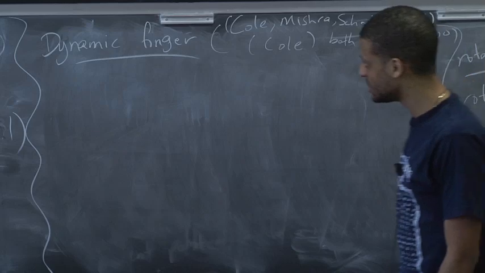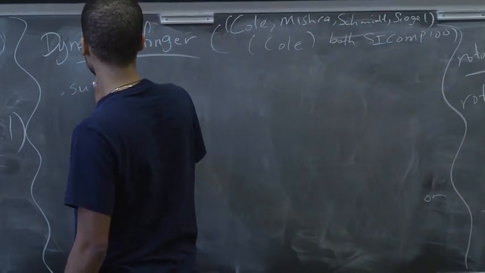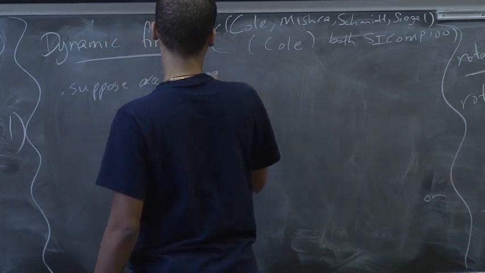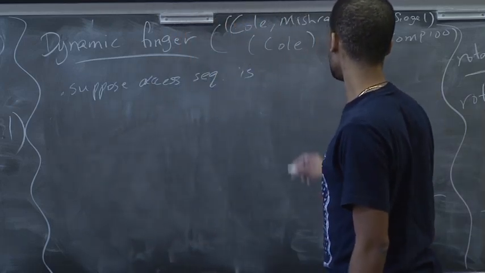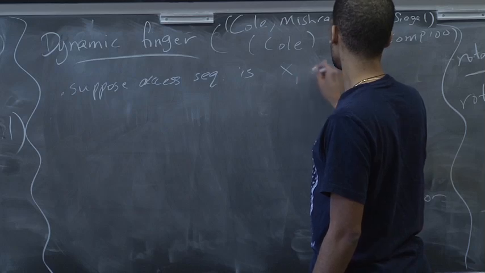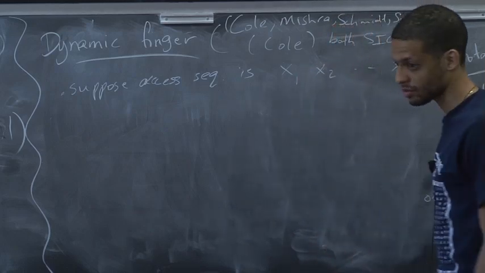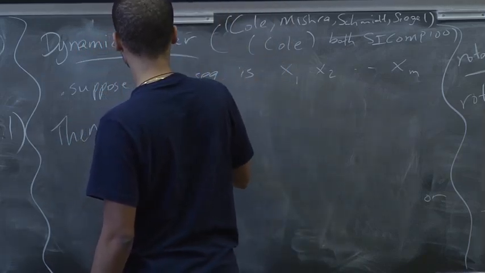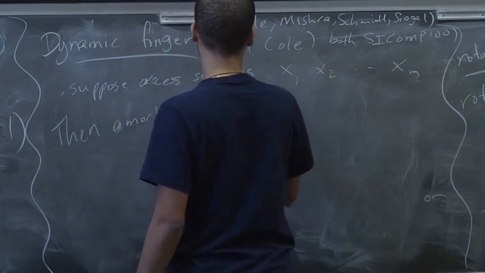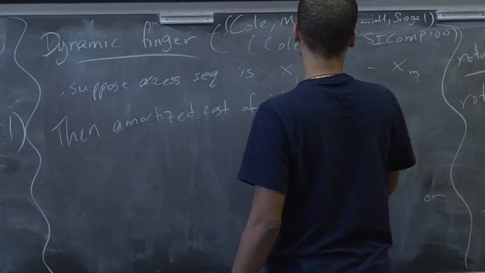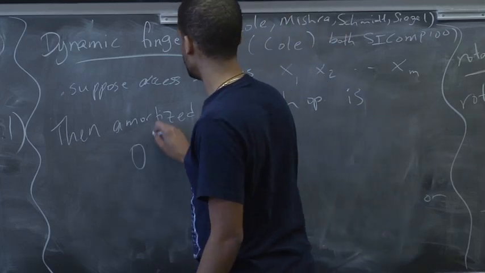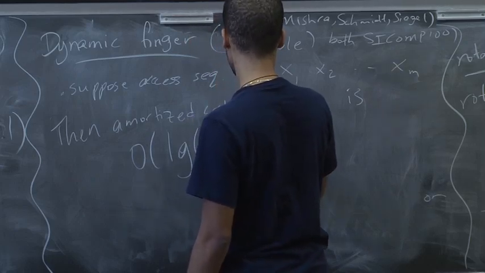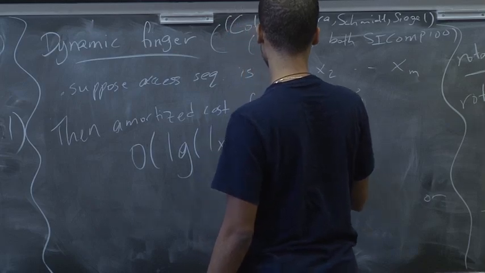What does this say? Suppose the access sequence is, again, x1, x2, up to xm. Then the amortized cost of the ith operation is big O of log of |xi minus x(i-1)| plus 1.